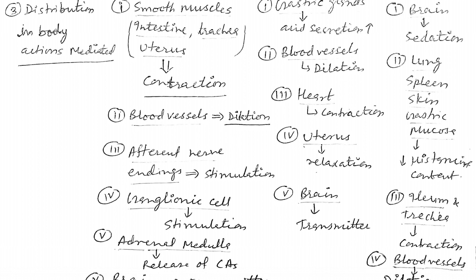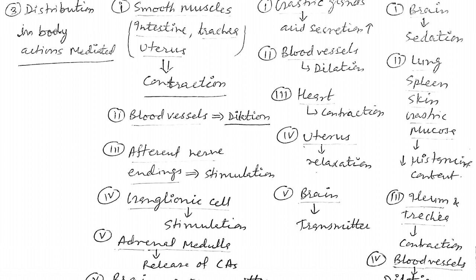So the actions are opposite: the H1 receptor exerts one action and the H2 receptor exerts a different action. If histamine binds to the H1 receptors in the uterus, it will contract it, and when histamine binds with the H2 receptors in the uterus, it will relax it.